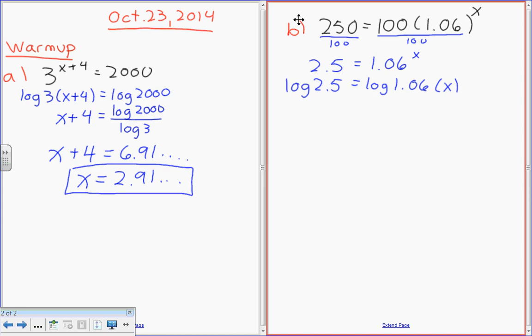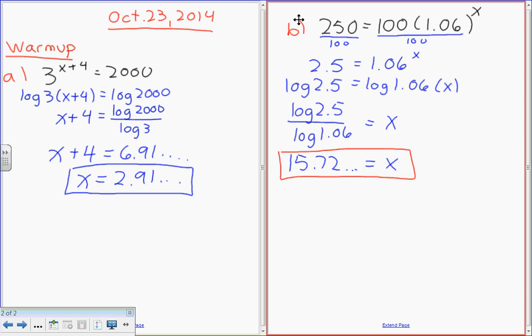Yeah, so I'm going to do log of 2.5 divided by log of 1.06 equal to x. Okay, and to finish off, Brooke, the answer is going to be? 15.7. And I'm assuming there's more decimal places on there. Was anyone unable to get 15.72 with your calculator?